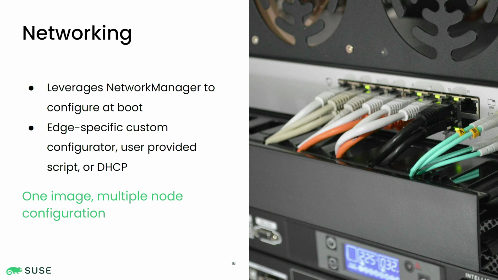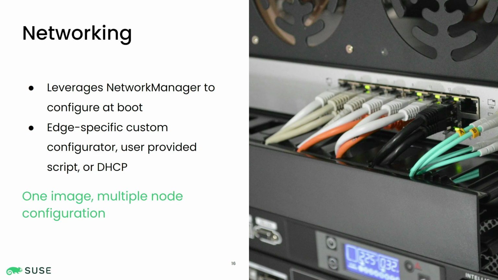Now, more on how it is working can be a whole separate topic, but the main process is that we're using MAC address matching under the hood in order to understand exactly which machine we are running on. However, aside from that, we also provide different options to the user in case they are not satisfied by this. They might want to bring their own script for their networking configuration.